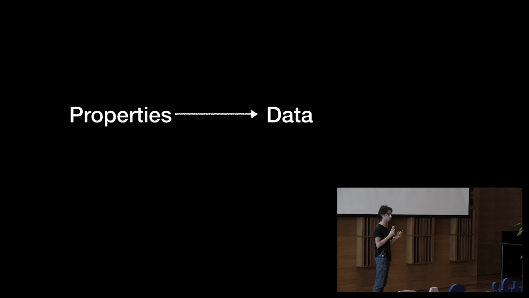You say, I'm going to fix a set of properties that should always hold true for my code, and then I'm going to try and find data that breaks those properties. If I do, I will have found a bug in my application, and I will have learned a new data set that breaks my application. And I will be able to take action on this set in order to fix the issue.